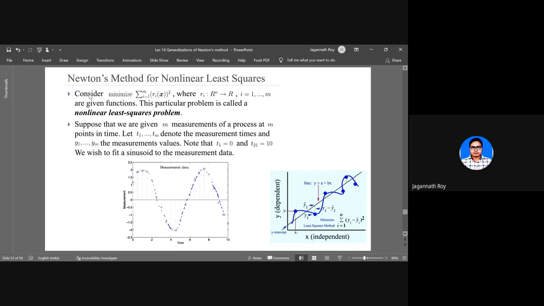Earlier we have seen that one linear equation is sufficient to approximate them. But if we consider this non-linear, which is actually more suitable? This non-linear least squares we will discuss in the next class in detail.